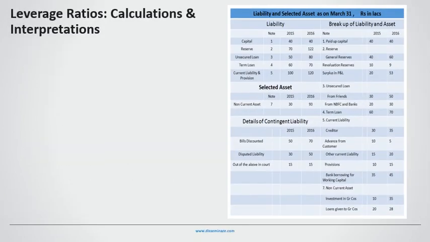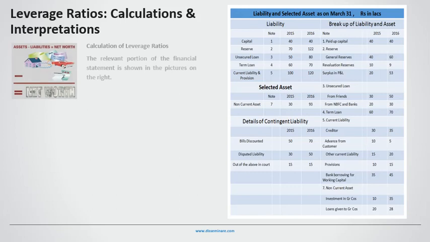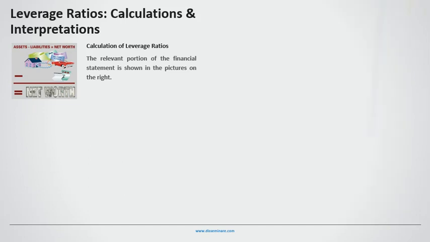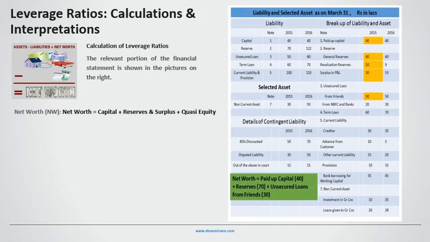Let us look at the net worth and tangible net worth calculations and interpretations from a banker's perspective. For calculating the leverage ratios, the relevant portion of the financial statement is shown in the exhibit on the right. Net worth is calculated as capital plus reserves and surplus plus quasi-equity. From the highlighted cells in the balance sheet shown: 1.